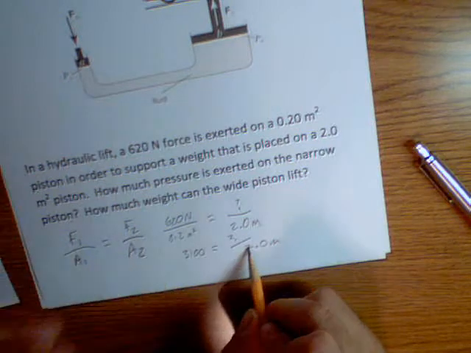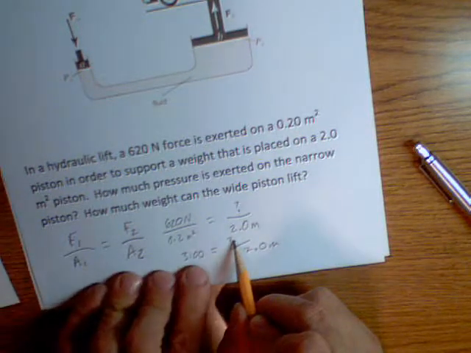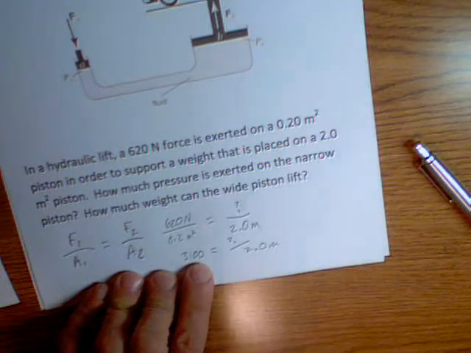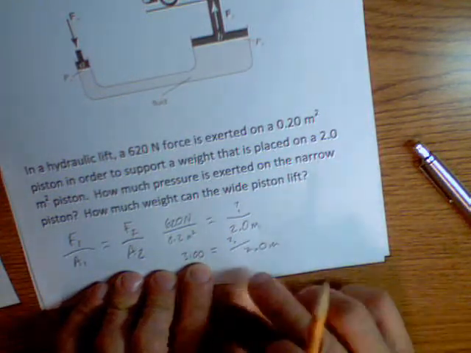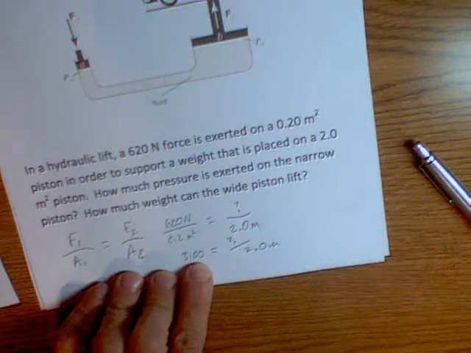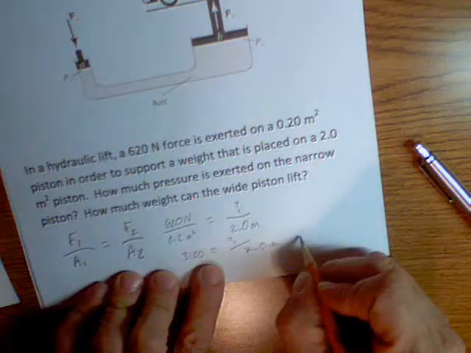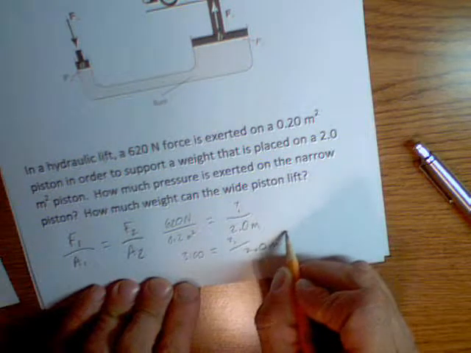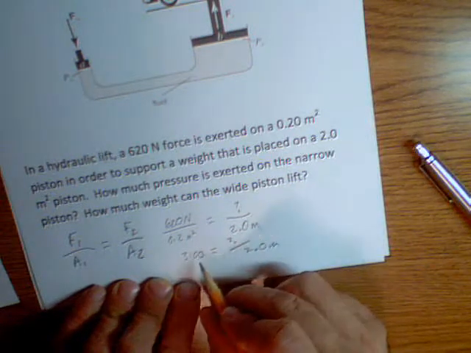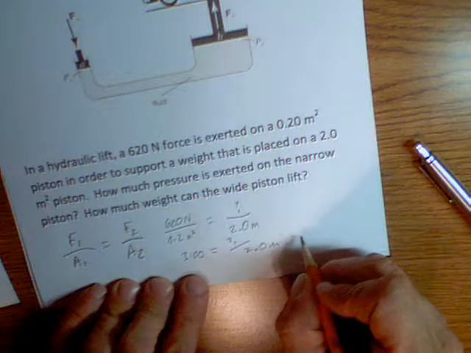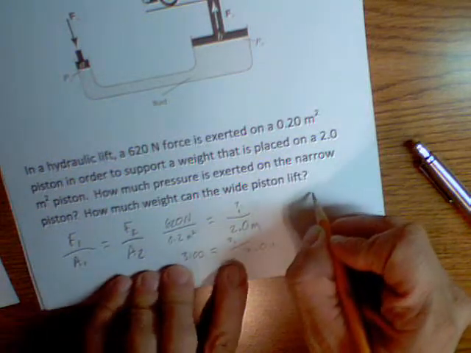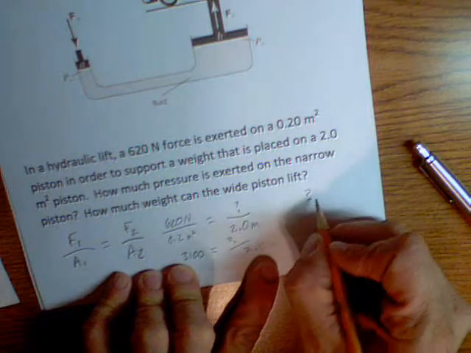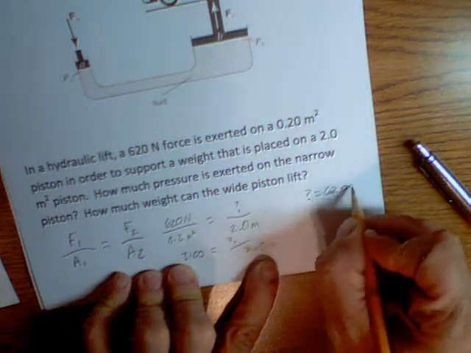Now we want to solve for the question mark, so we just take that number and multiply it by 2. So the question mark equals 6,200 newtons.